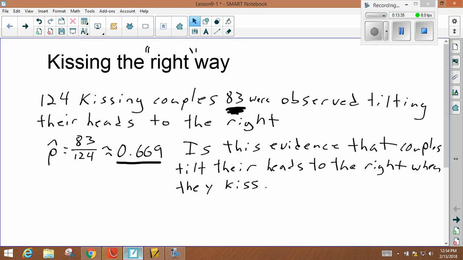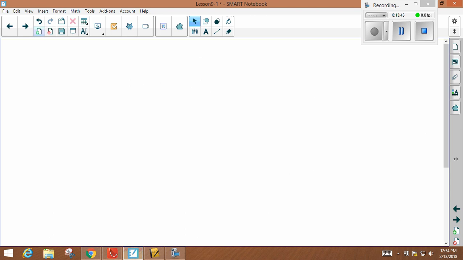And we'll come back to this as we go through this particular section of the chapter. But for now, I would like to talk about a couple of ideas that are really, really important for us to do significance tests.